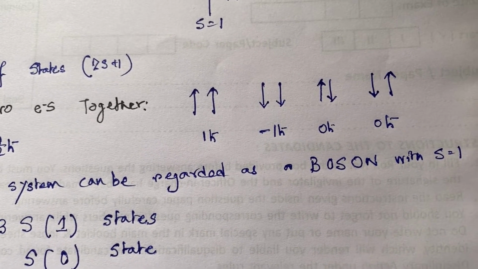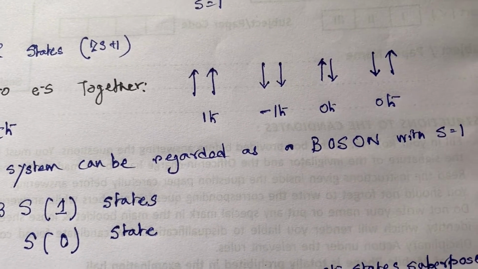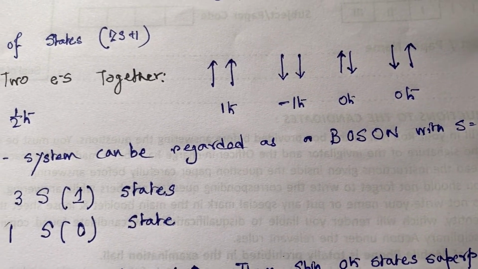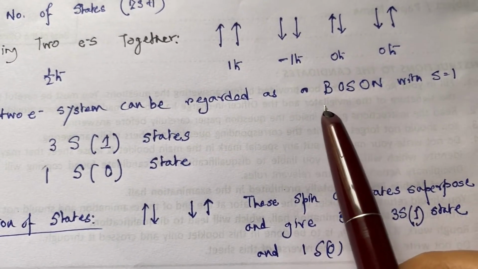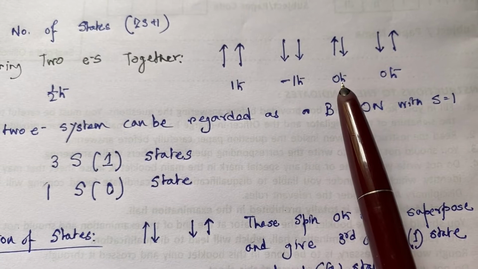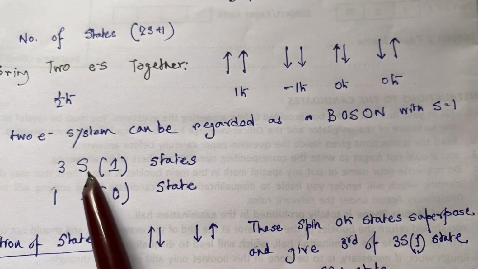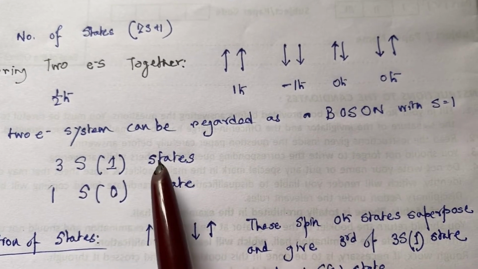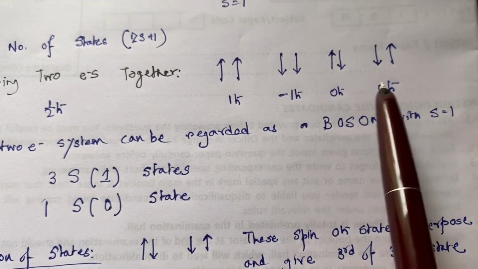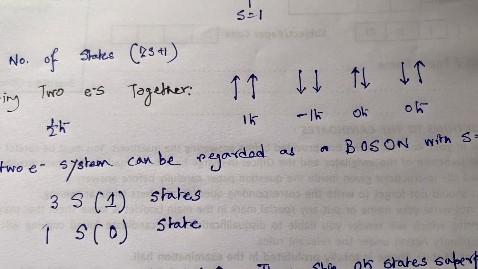Then how do I explain the 4th state also? When I say that these 3 states are equivalent to a boson with spin 1, we call this the 3S1 state. S1 means spin 1. And we have 1 spin 0 state, and I will call this the 1S0 state.